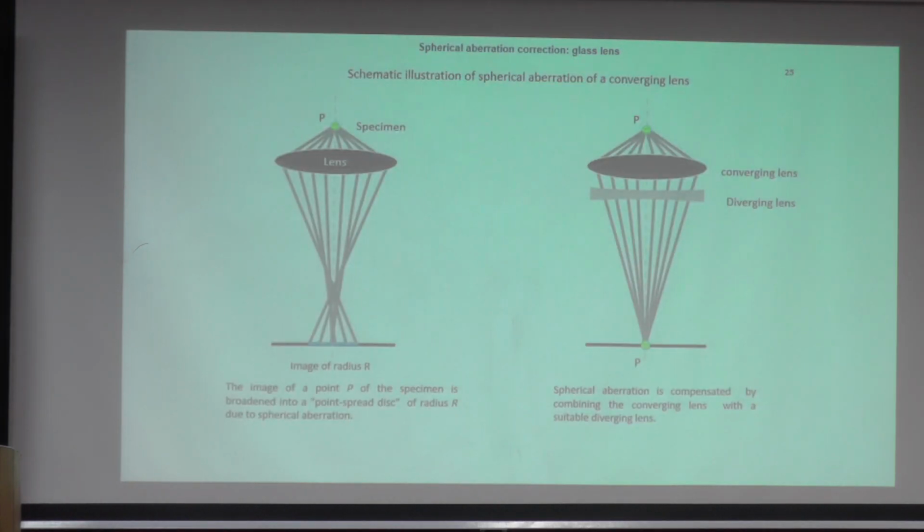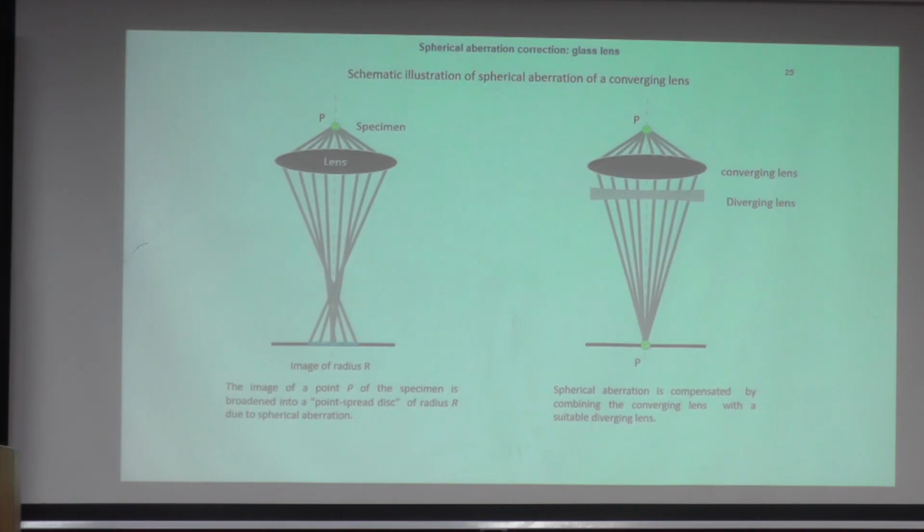So how is the correction done in the case of glass lenses? In the case of optical microscopes, you have a convergent lens, and if you insert a divergent lens, then you can correct this problem with many focal points. If you look at this ray path diagram, they make your image larger, which brings point P to a larger point.